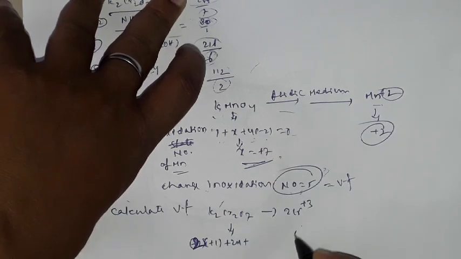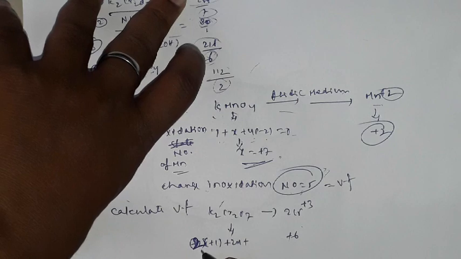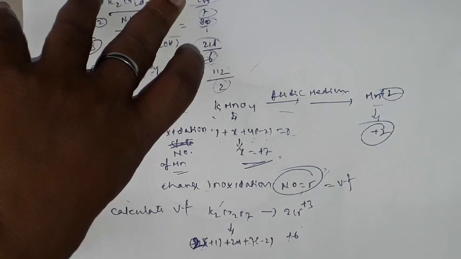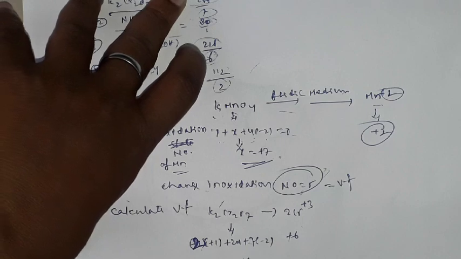For K2Cr2O7, what is Cr here? 2 plus 2x plus 7 into minus 2 equals 0, so x equals plus 6.